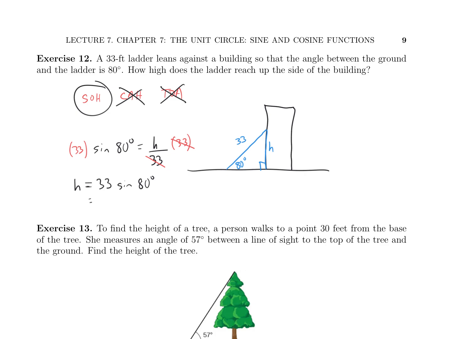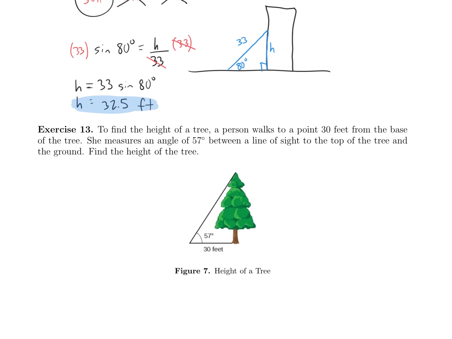If you don't know how to do that, you should look up how to convert your calculator into degree mode. If you type this into your calculator, and round to one decimal place, h is equal to 32.5, and the units are feet. So that's how high the ladder reaches up against the building, along the building.